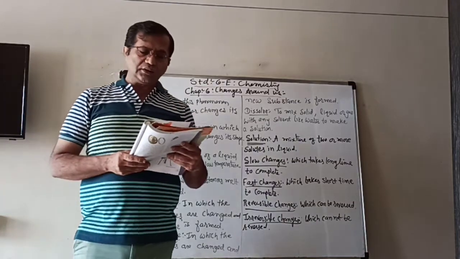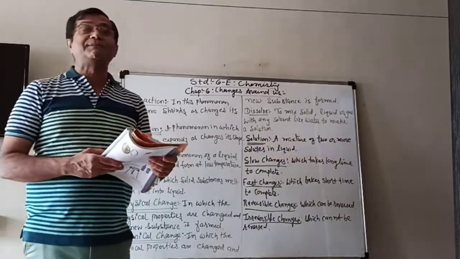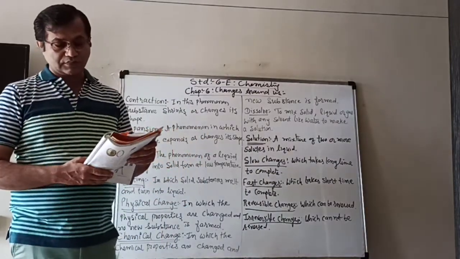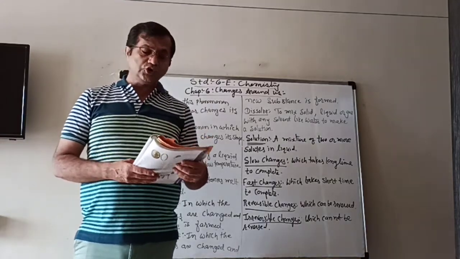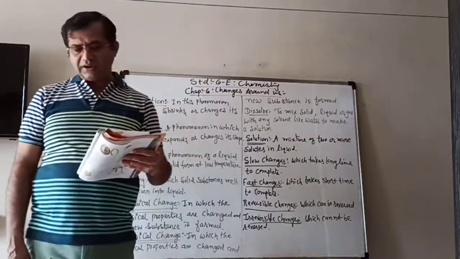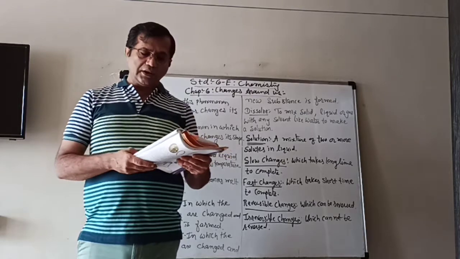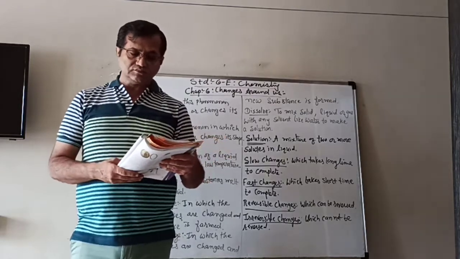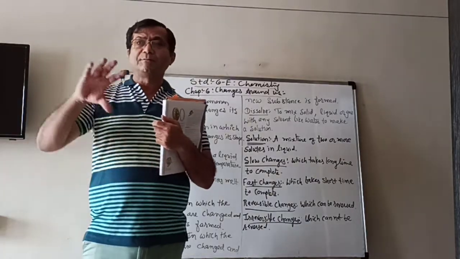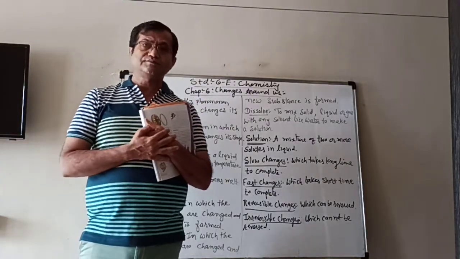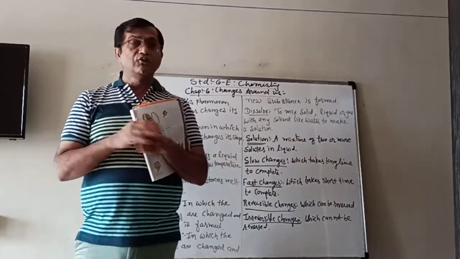When you go to the blacksmith and they make some tools like the shovel or the spade or an axe, you saw that they make a blade from iron and then they have a wooden handle.